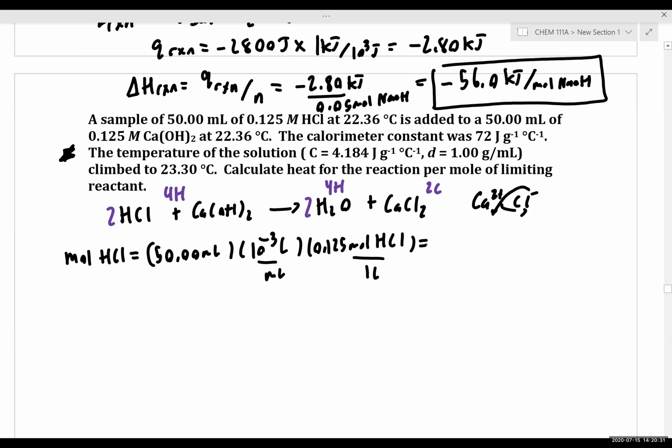Punching that into our calculator, we have 50 over 1,000 times 0.125.